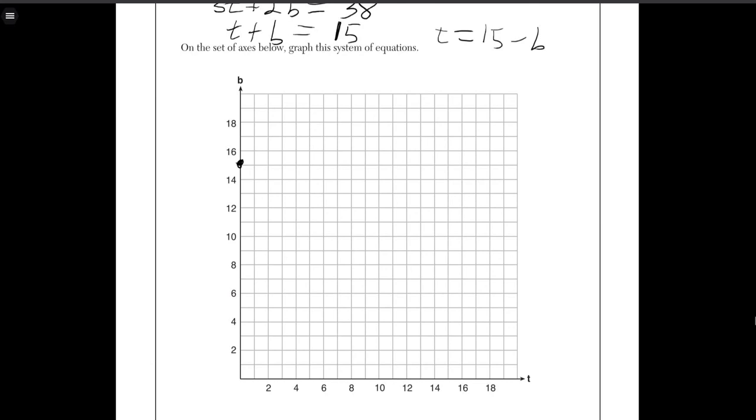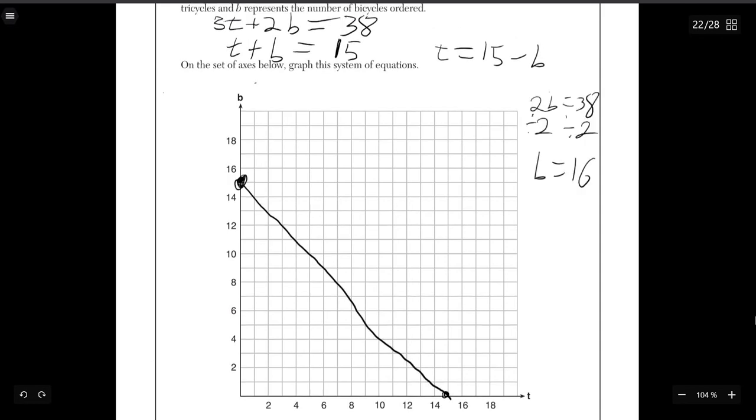So when b is 0, which is along this line down here, t is going to be 15, which is right down here. And you would make a straight line, unlike this one. Okay, that's good enough.